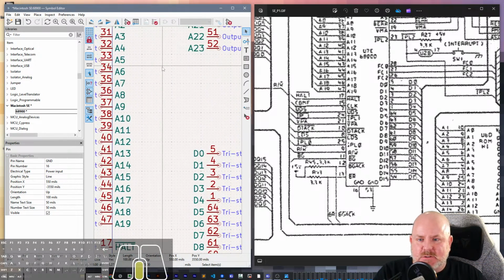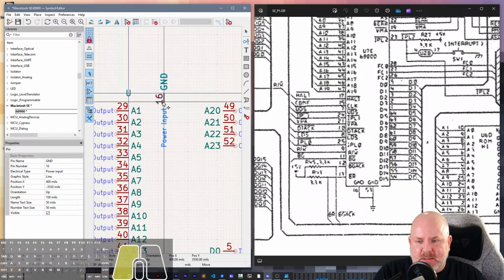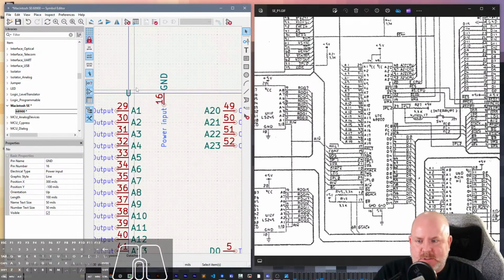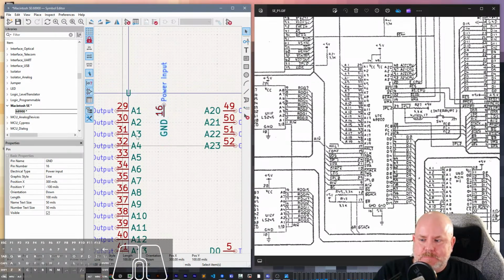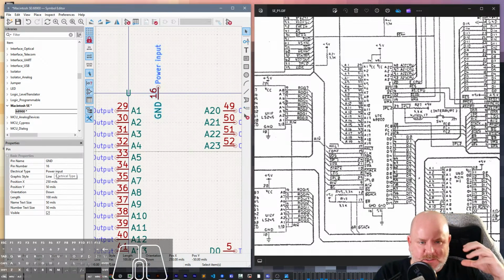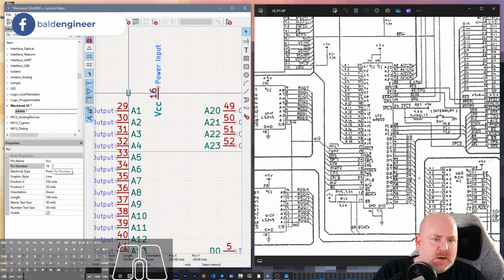And unless your chip is actually creating the rail, then the VCC and ground pins or power pins are all inputs. It's not a which way is current flowing kind of thing. It's just to represent this is a device that needs something else to be driving the power rails. This chip itself cannot drive the power rail.